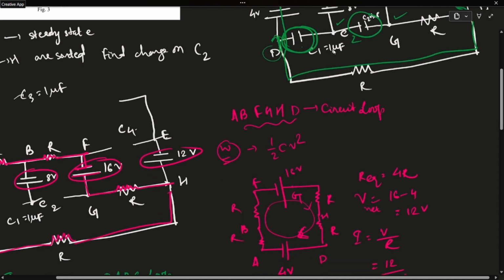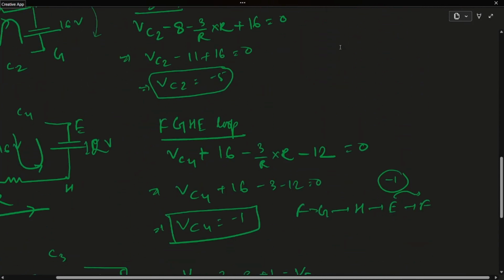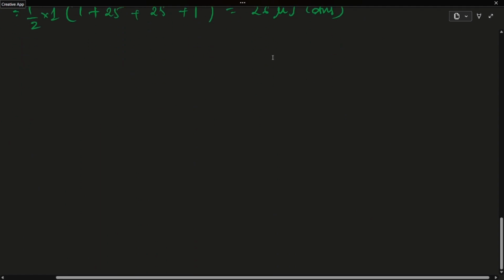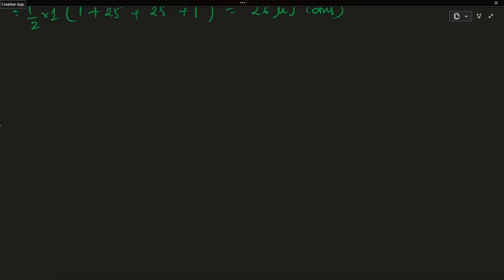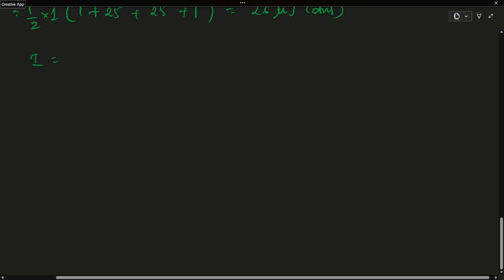So let's first find the current I in the new circuit.